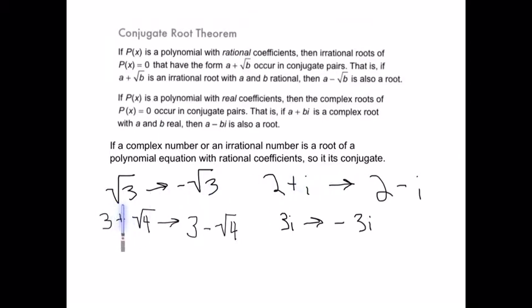If it's radical 3, then the conjugate will be negative radical 3. If it's 3 plus radical 4, then the conjugate will be 3 minus radical 4. 2 plus i, 2 minus i. 3i will be negative 3i. So those are just how the conjugates work for irrational numbers.